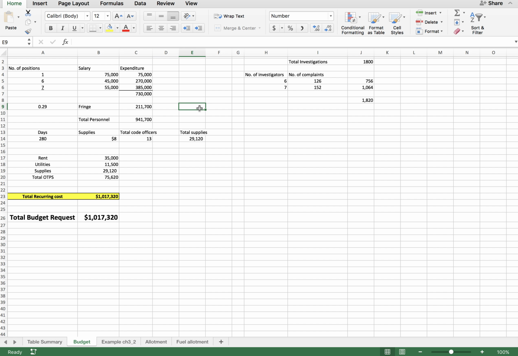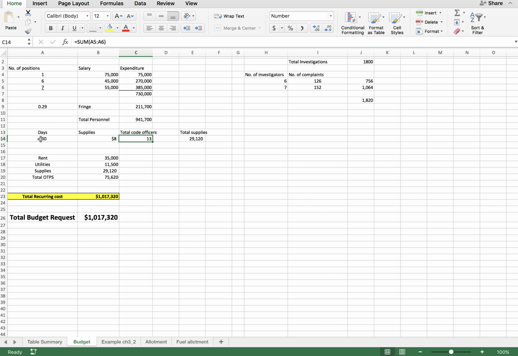Again, in your homework, it'll also tell you that they have to have supplies and things like that. So how much do we have to pay to buy them supplies? Well, supplies are $8. We have 13 officers that we're hiring, and they're going to work for 280 days a year, 280 work days.